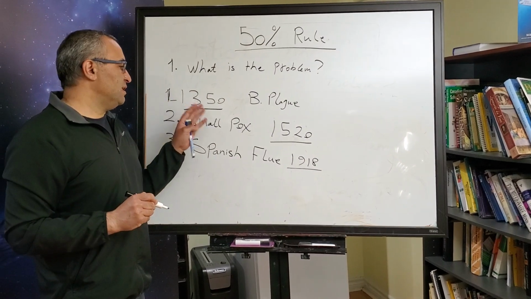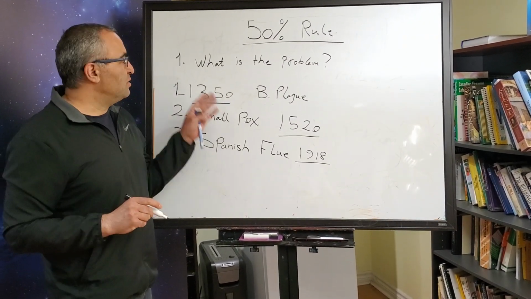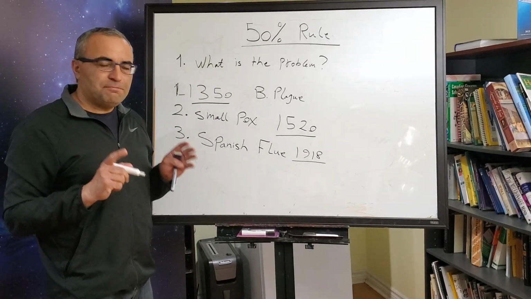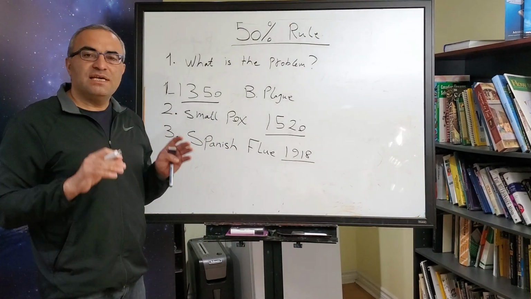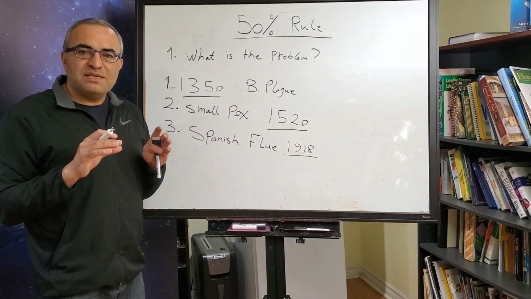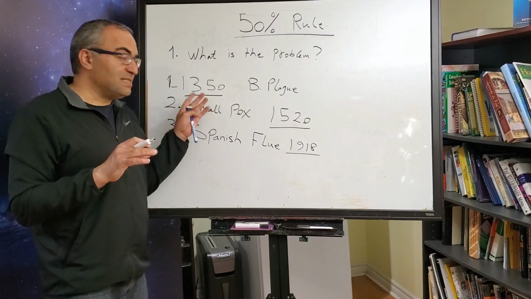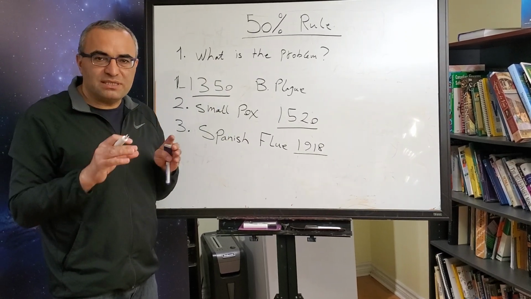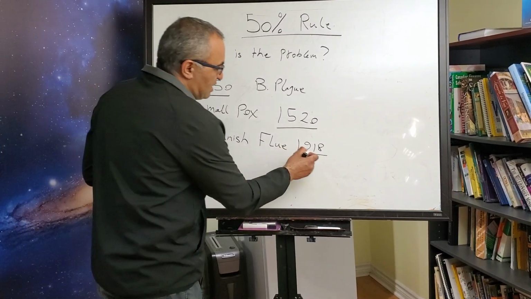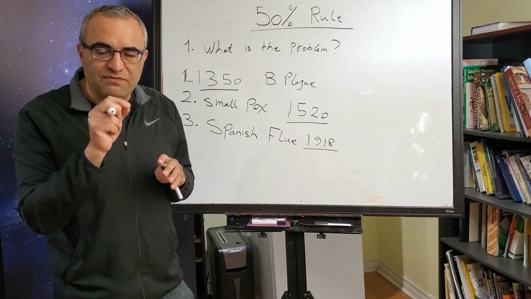If we take a look at these three outbreaks and we ask the question, what is the problem? The problem in all these three was we didn't know what the problem was. There wasn't a strong enough microscope, or even a microscope, in these times to see what it is. Even during the Spanish flu in 1918, the microscope wasn't strong enough to see the virus.